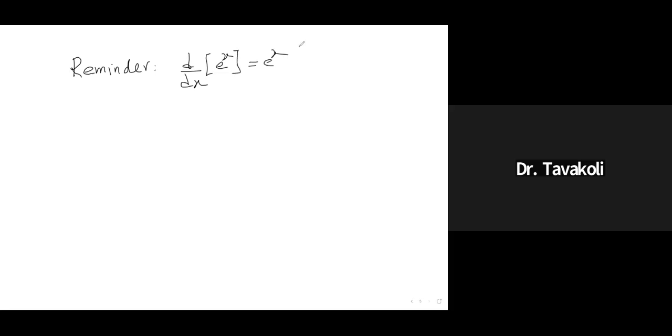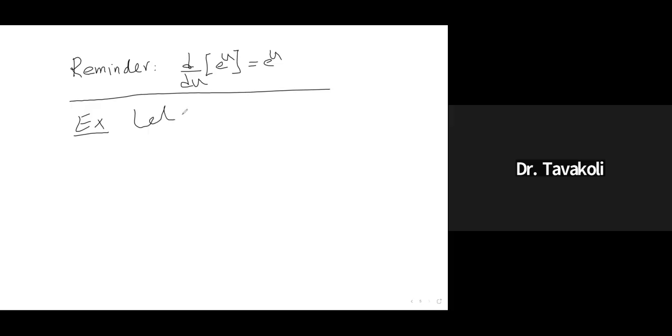Of course, if instead of x it's another variable, for instance u, everything will be here u. The derivative of e to the u with respect to u is e to the u. We know this. Now we want to do the next example, having this reminder.